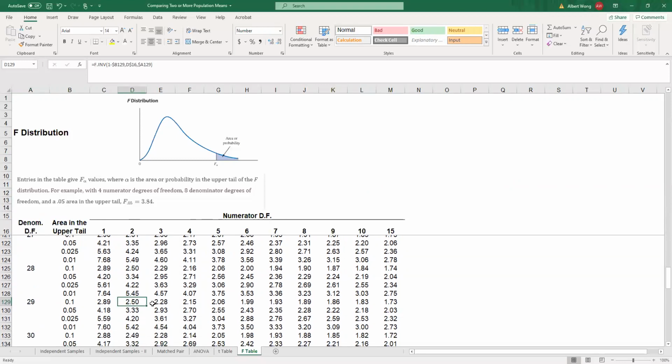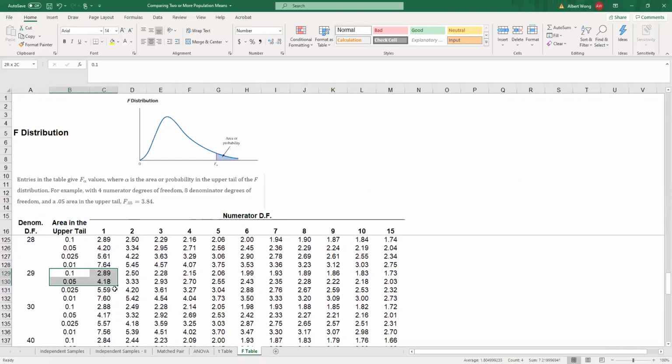So it's actually this. Now, there is a block of data here, right? Why? Because the area in the upper tail could be 0.1, 0.05, 0.025, or 0.01. This is a popular way that the F table is organized.